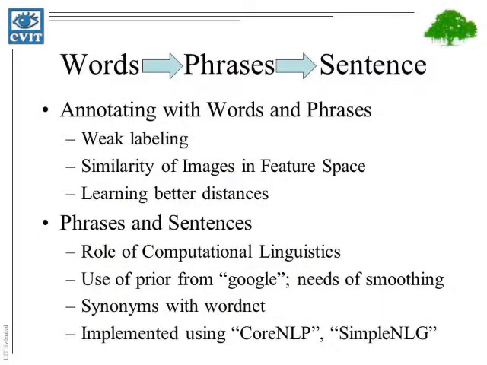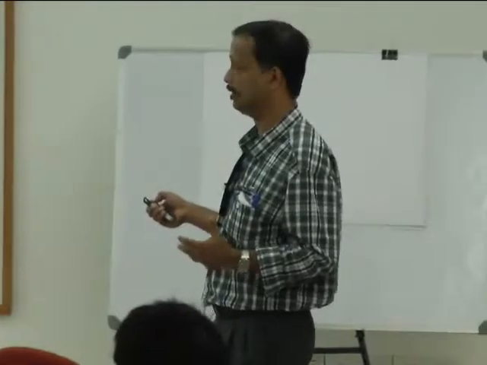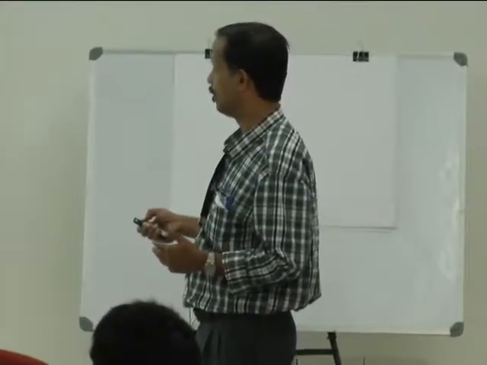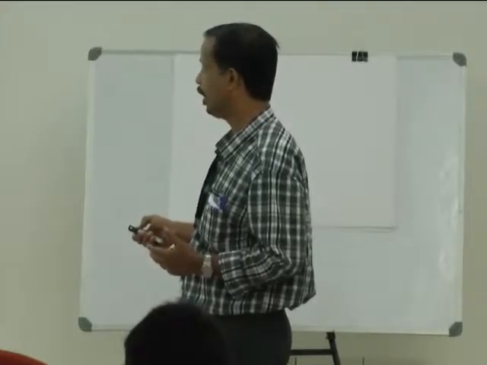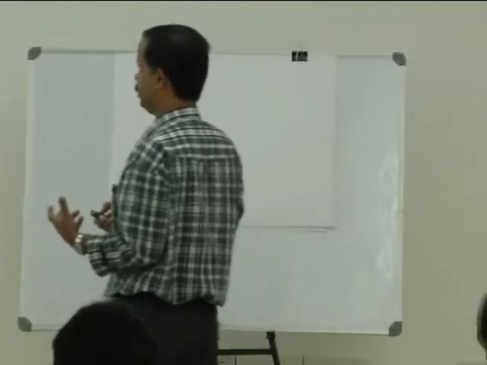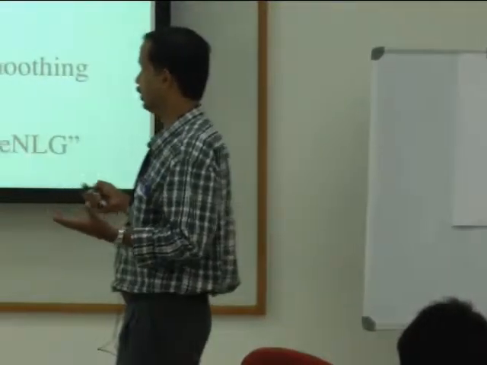So basically, if I conclude the process, there are two steps. One is we want to annotate with words and phrases. When you annotate the words and phrases, we talked about the weak labeling issue, and the similarity of the images in the feature space is measured, and this is improved by finding a better distance measure.